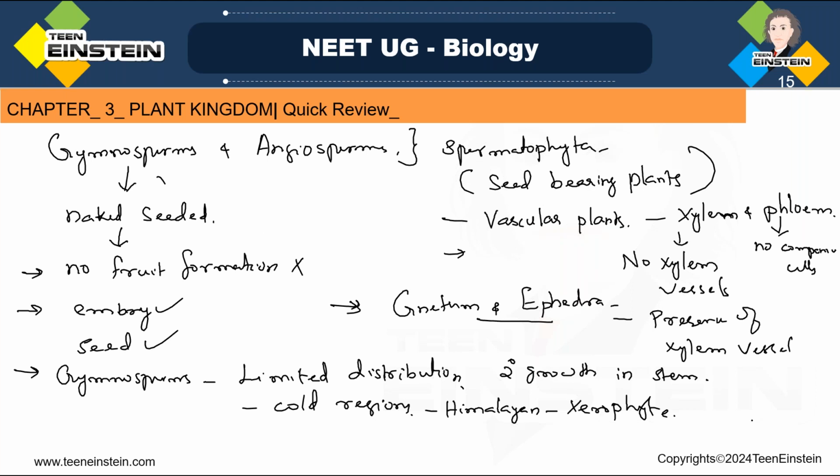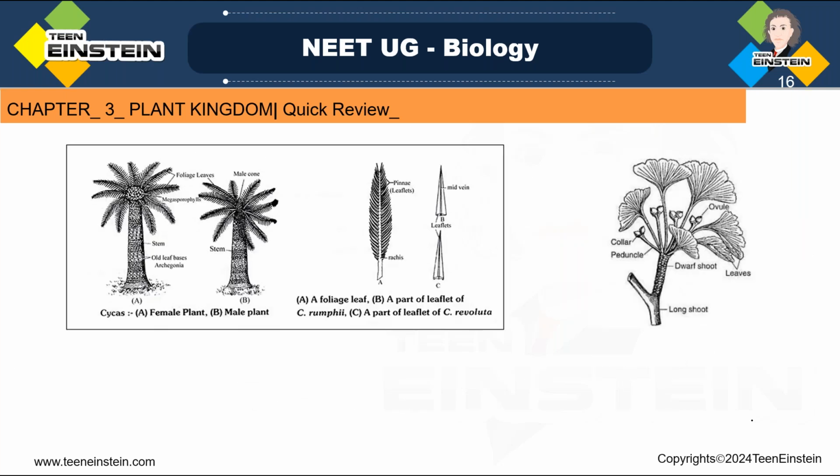So the gymnosperm stem is somewhat woody, thick and woody. Hope you have seen this type of plant, like Cycas. You can see the stem is woody type, where secondary growth is taking place.